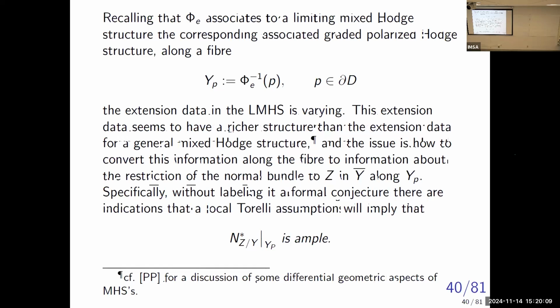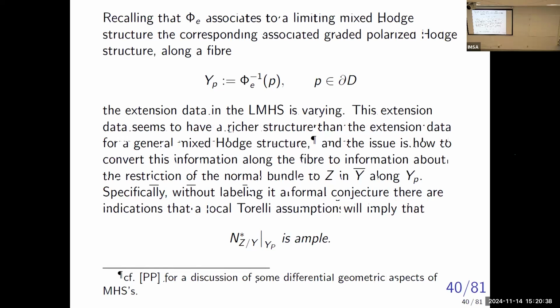One of the interesting points about extension data of limiting mixed Hodge structures, not just Hodge structures, but of limiting mixed Hodge structures, is that the extension data has only two levels. You have first the extension between the associated graded that are in adjacent weights.